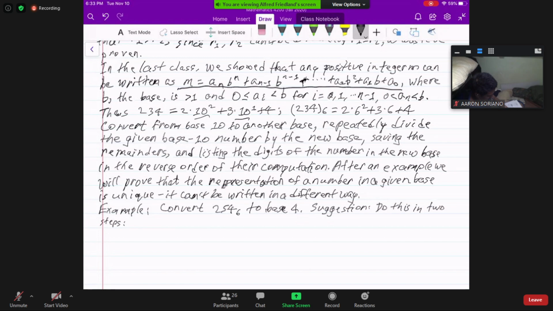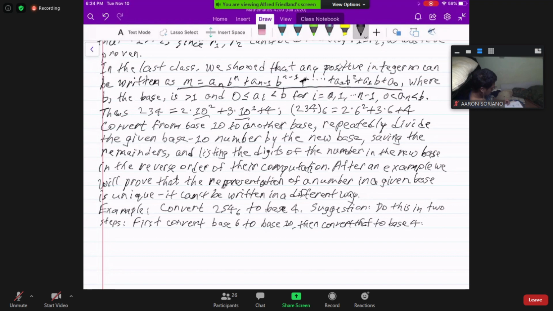Since we're more familiar with the decimal system, namely the base 10 system, first convert the base 6 number to base 10, then convert that to the new base 4.